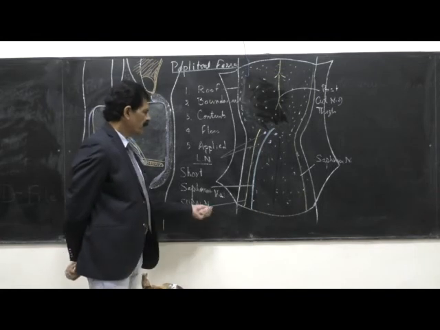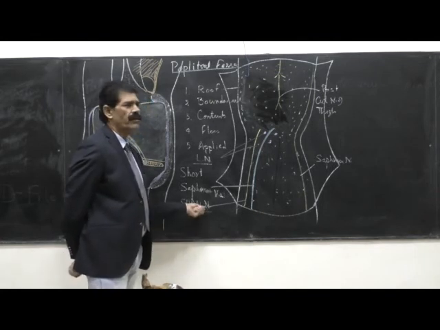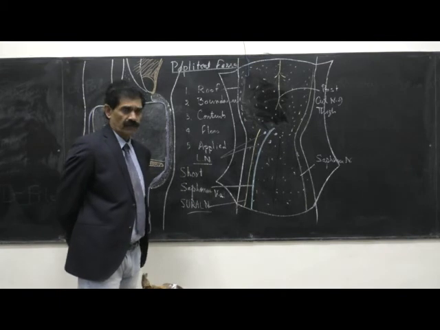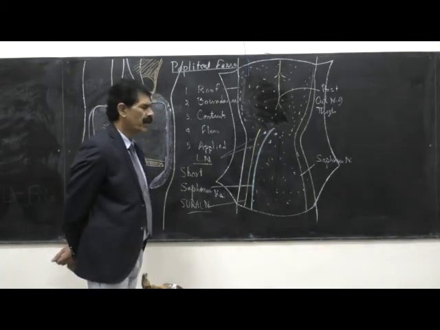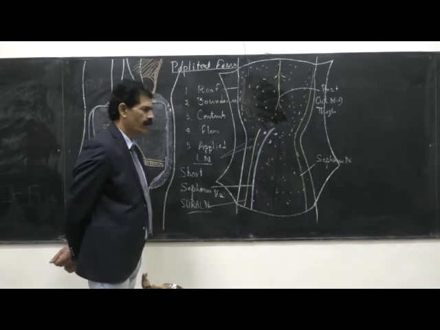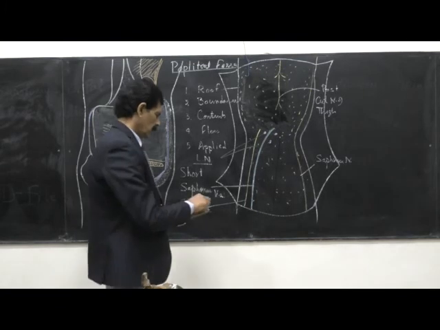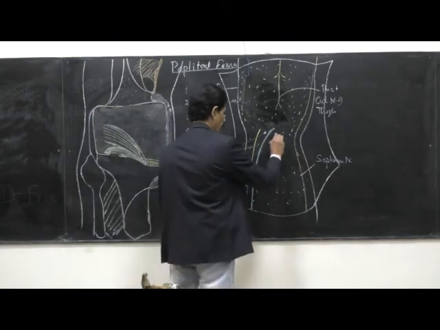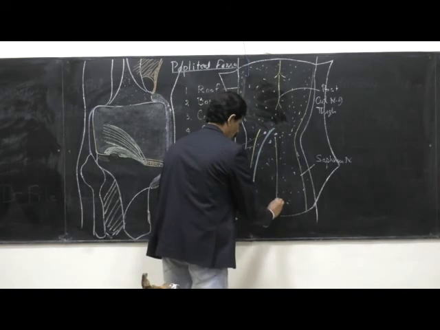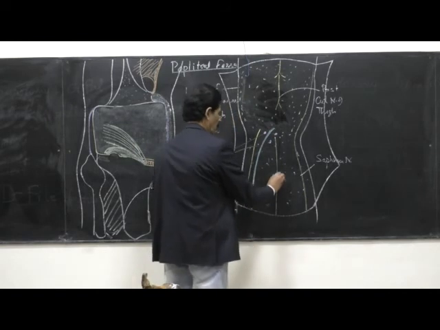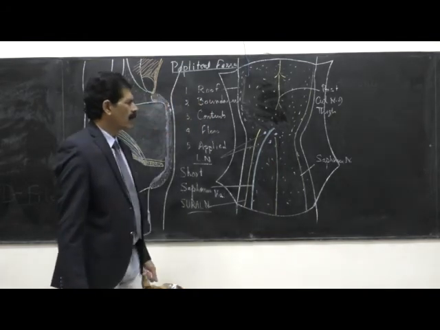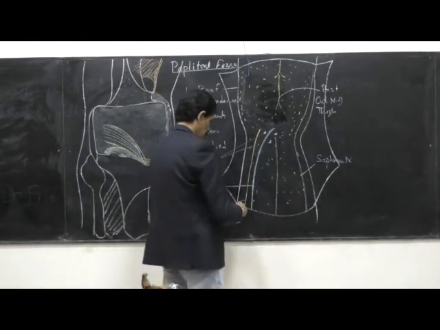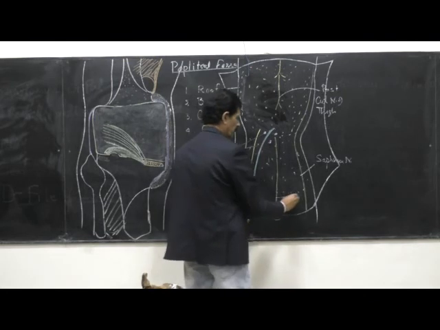Now this sural nerve is very important because it is used for nerve grafting. Whenever nerve grafting is required, we use the sural nerve. In the middle here, we see a nerve, this is the sural nerve actually.